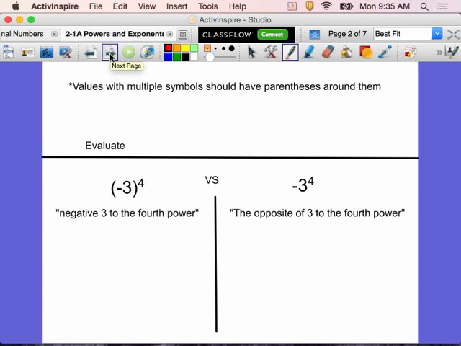Moving on, this is a very, very important thing to remember, and it's something that really can sneak up on you. Values with multiple symbols should have parentheses around them. Parentheses, remember, are grouping symbols, so they're going to be grouping your symbols.